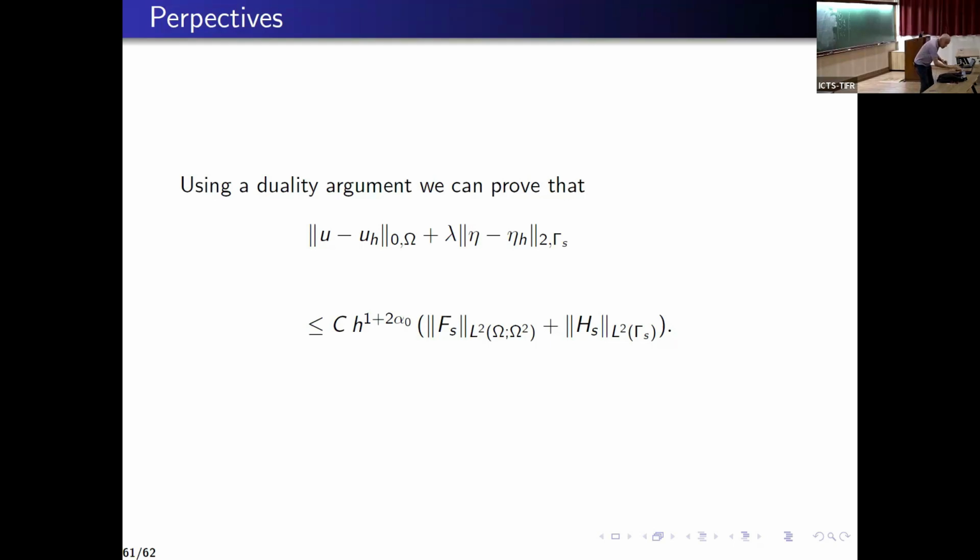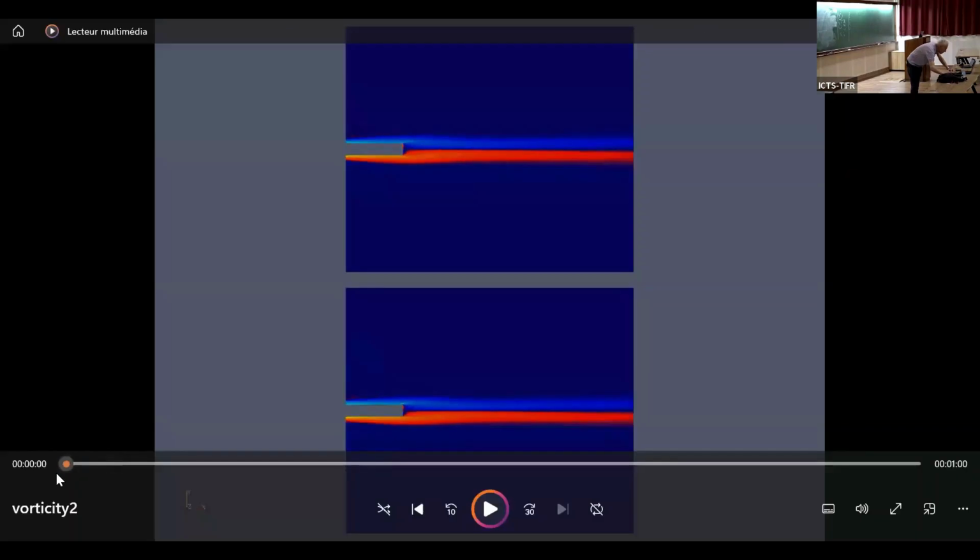And now I would like to end. So what I'm going to show you is a numerical simulation for which you have some perturbation. And so we can compare what happened with or without control here.